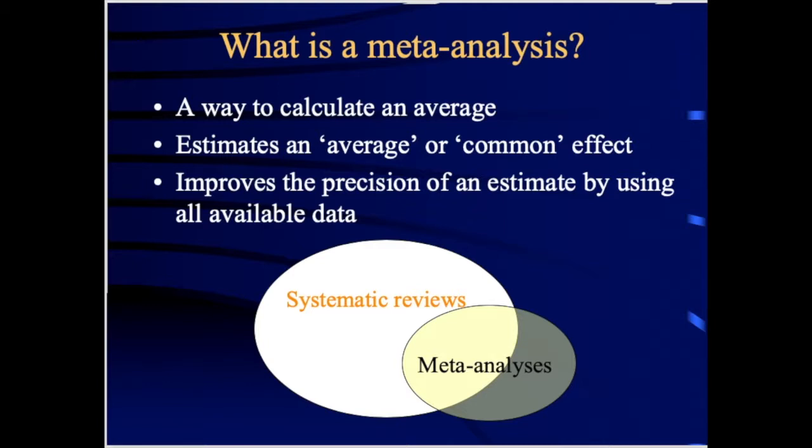Remember, a meta-analysis is a statistical method for combining results. And again, meta-analysis may be part of a systematic review. Systematic reviews may or may not include meta-analysis. So again, just to reiterate, a meta-analysis is a statistical method by which you are combining results from several studies.